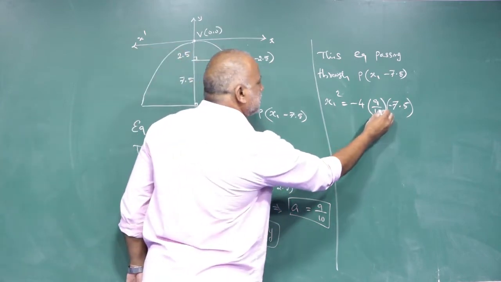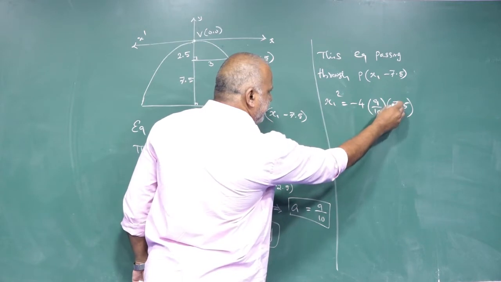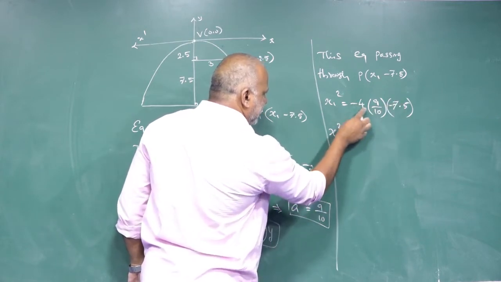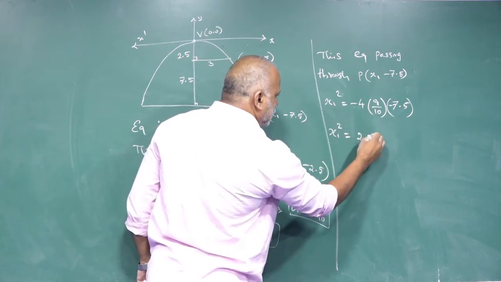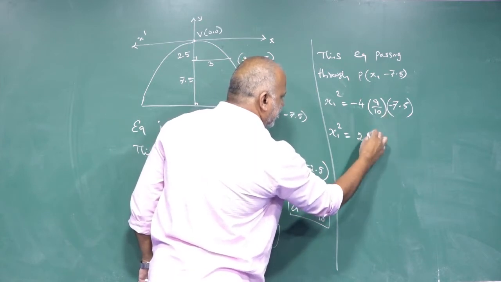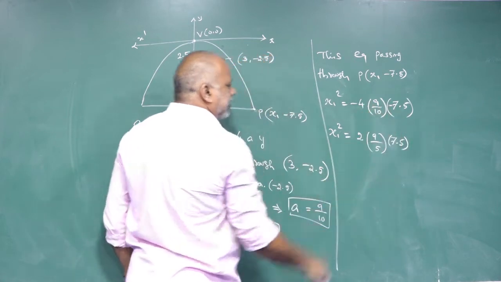Now we are going to simplify these data. Both negatives multiplying, we can get positive. Therefore x1 squared equals, we can remove this with the help of the second table, 2, again 9, the division is 5, again 7.5. So both negatives will be removed.